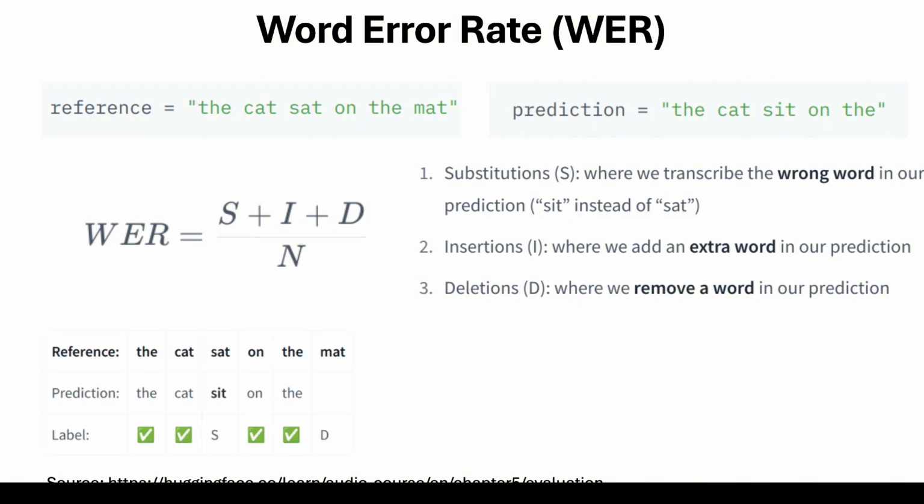In our case, substitutions is 1, which is "sit" in place of "sat". Insertion is 0 because we did not insert any new word. Deletion is 1 because in the prediction we have one missing word, "mat", and we have a total of 6 words in the reference. So the WER comes out to be 0.333. But usually we multiply by 100, and so in the end we have a WER value of 33%.